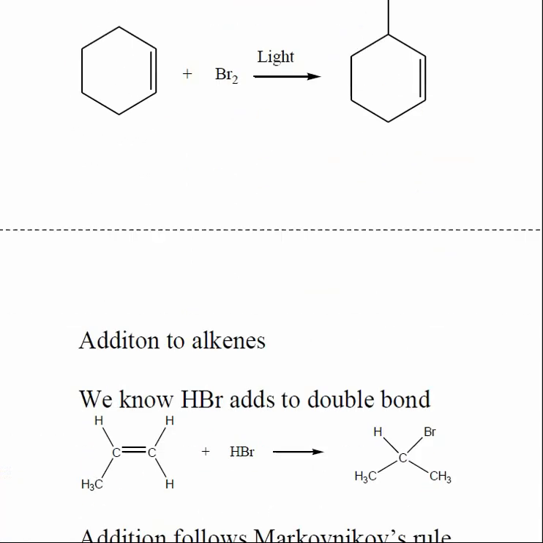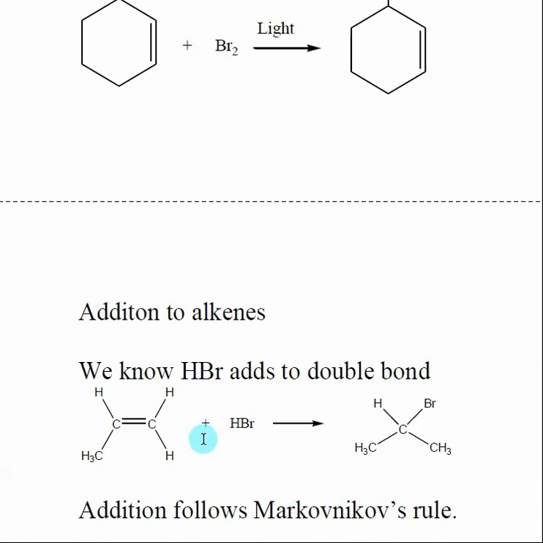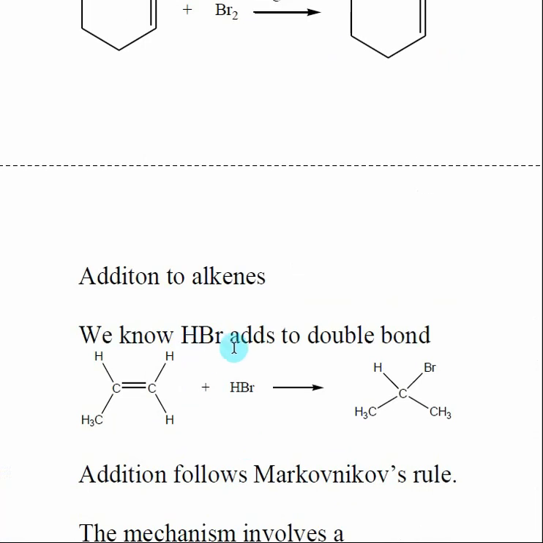Okay, so the last reaction, and you can kind of see what I'm talking about. We're going to add HBr to a double bond, and we've already talked about that if we have an alkene, we can add HBr to a double bond, and it's going to follow Markovnikov's rule. We talked about the mechanism and all that. Markovnikov's rule says that our incoming nucleophile or species of interest goes on the more substituted carbon in our double bond.